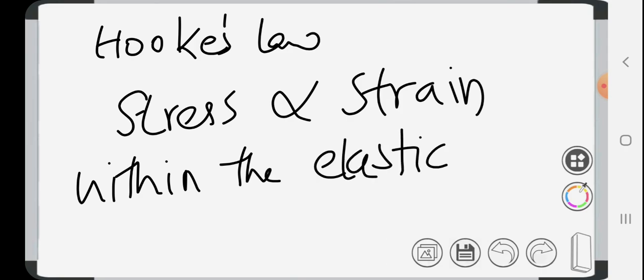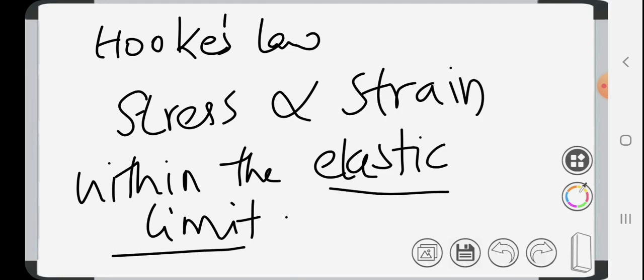So if we are applying a force, any axial force or shear force, whatever the force be, the application of force will generate strain. The strain will develop stress in that body. So the developed stress will always be proportional to strain as long as the material is within its elastic limit. That is very important.